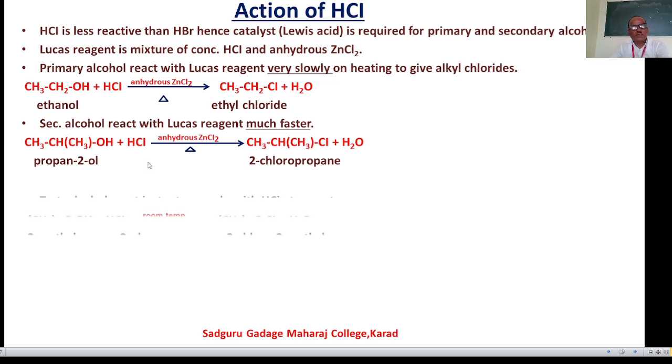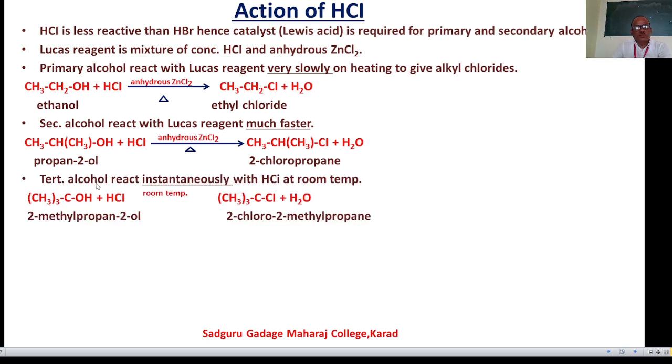Then we consider tertiary alcohols. Tertiary alcohol reacts instantaneously with HCl at room temperature. This is a very fast reaction. This is an example of 2-methylpropan-2-ol, which has the common name tertiary butyl alcohol.